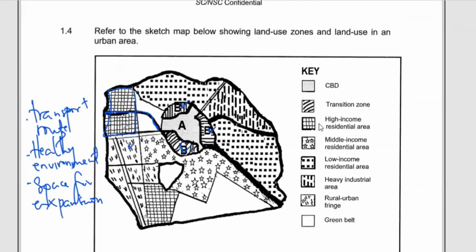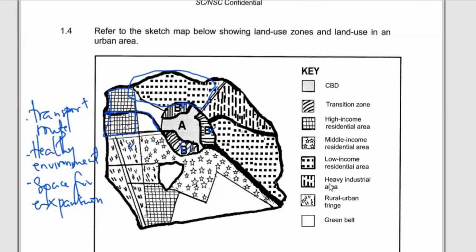Right, if we check our low income area, it is here. So for that reason, we are saying this area is an area of low income. So the question is asking why it is an advantage and also why it is a disadvantage.